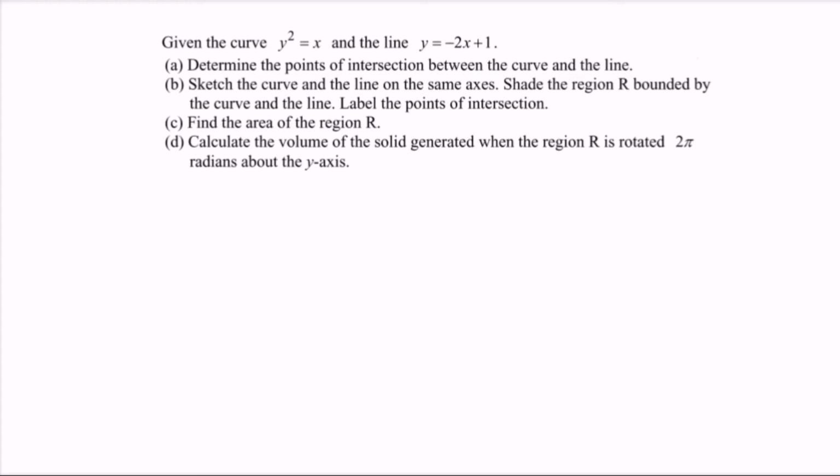So now we are looking for the intersection point between the two curves. Here we have y squared equals x and y equals negative 2x plus 1.